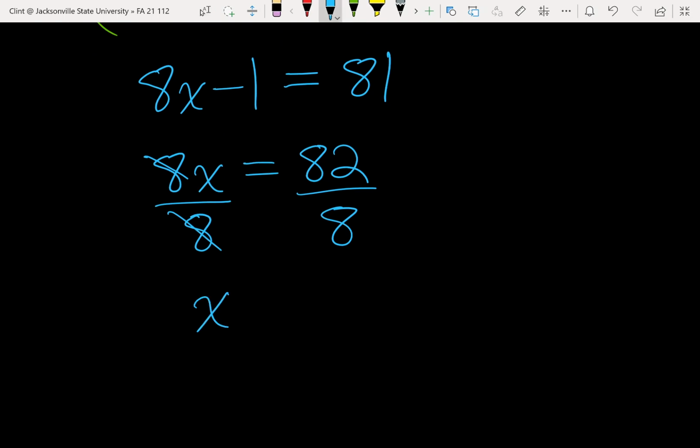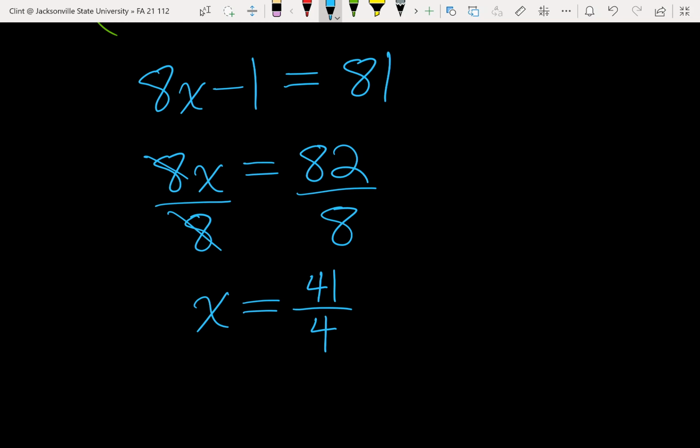So x is, we just need to see if there's any factors we can cancel out. I know they're both even. So that'd be 41 over 4, and that's as far as that one will go.